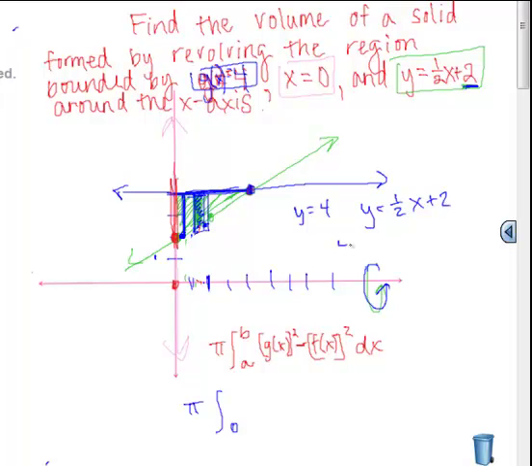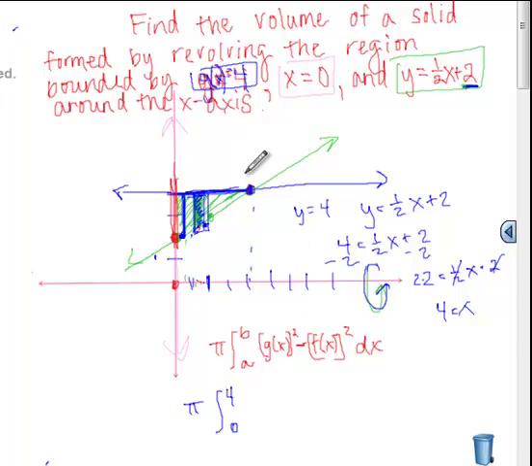So I'm going to set them equal to each other and solve. Subtract 2, and we get 2 equals 1/2 x. I multiply by the reciprocal to get rid of that, which means I multiply here. 4 equals x. You can see that because I did a fairly decent job graphing, but sometimes you can't really tell, so you are going to have to solve it like this.